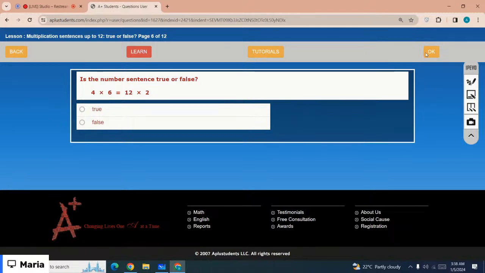Is the number sentence true or false? 4 times 6 equals 12 times 2. Which is the correct option?